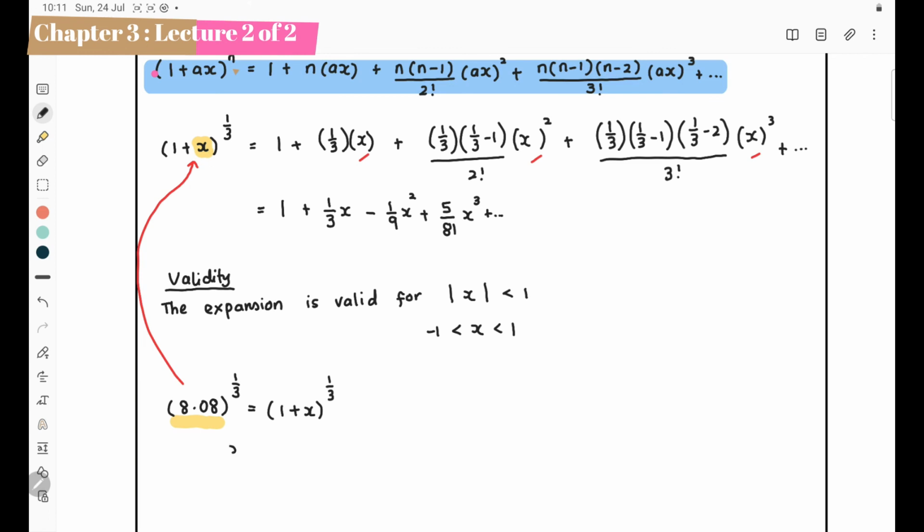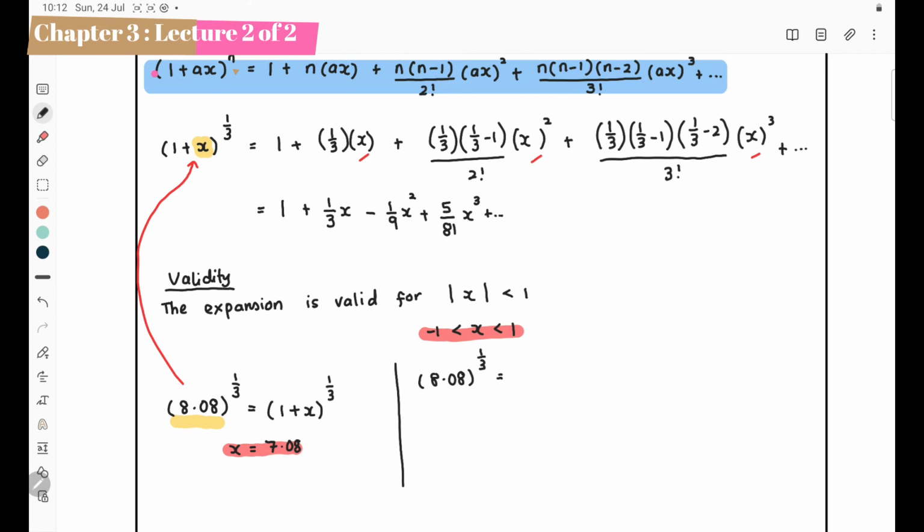So we will get x equals 7.08. Note that this value is out of range, so we cannot use x equal to 7.08 into our expansion.